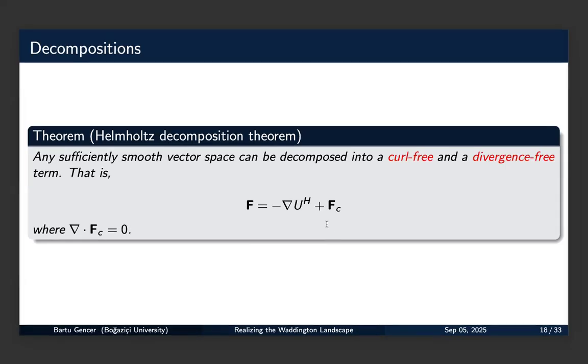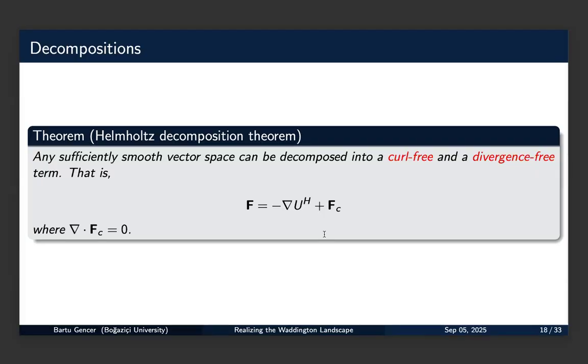I am writing the divergence-free term as FC here, and the curl-free term can be expressed as the negative gradient of another scalar function. And if this F was a gradient system, then this FC would be 0, and U of H would already be our quasi-potential.